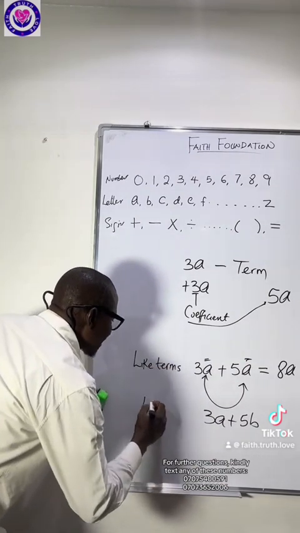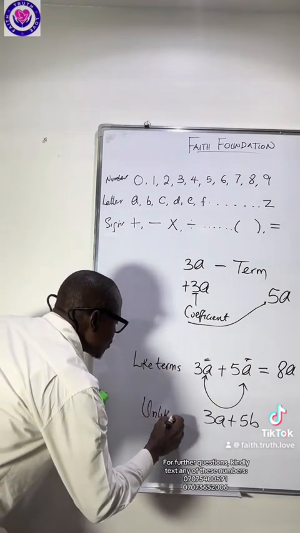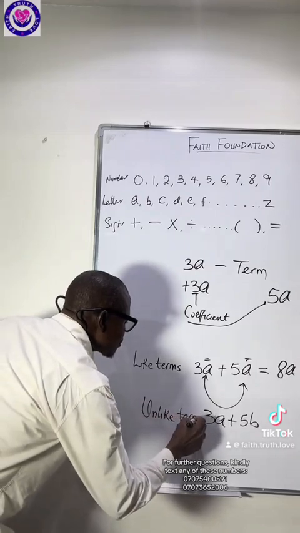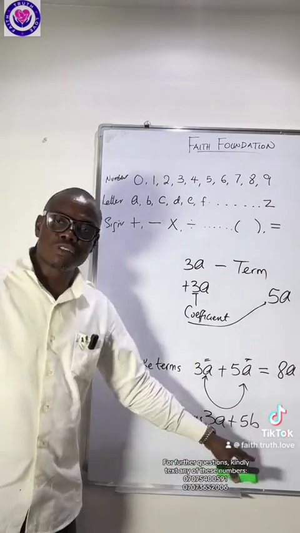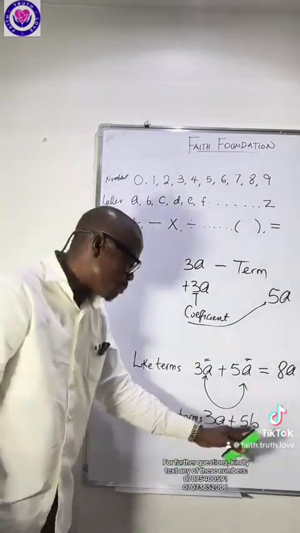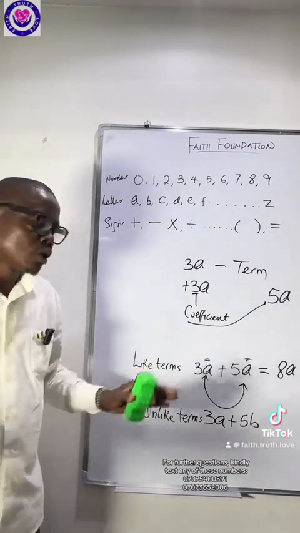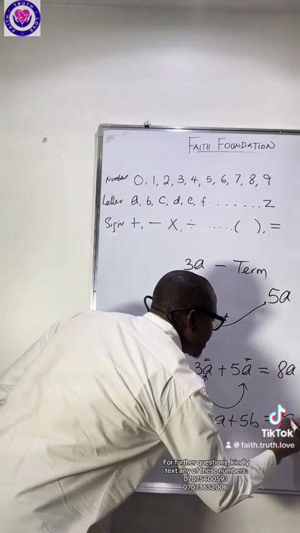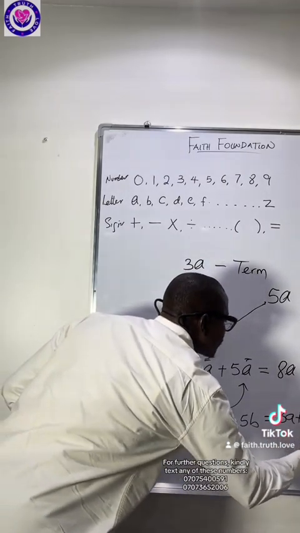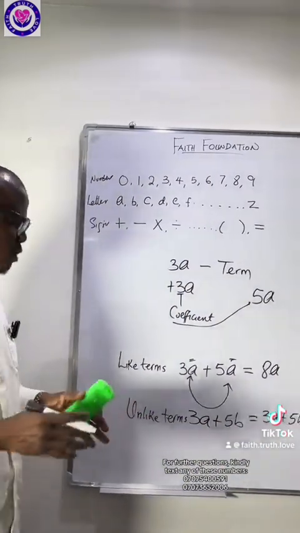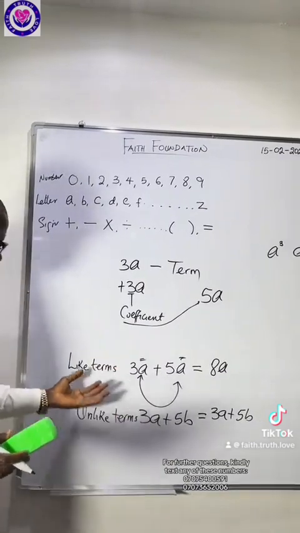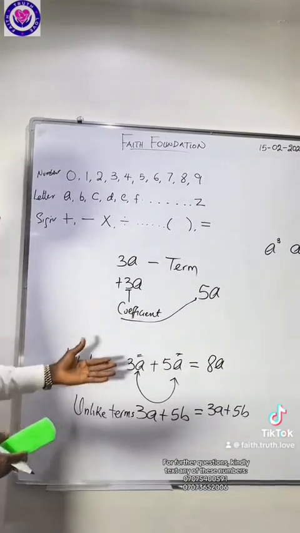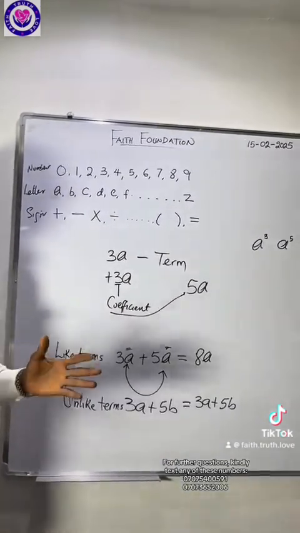You cannot add them because B and A are not the same. So the answer will simply be 3A plus 5B. That is the operation. While for like terms, because they are the same, you can add them together. I think that is clear.